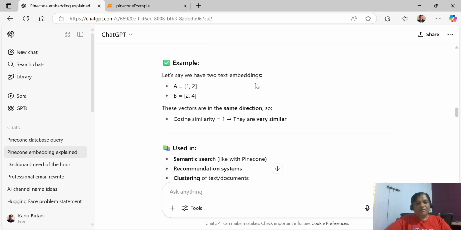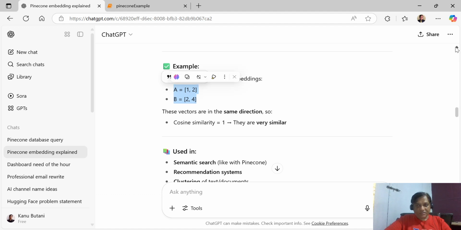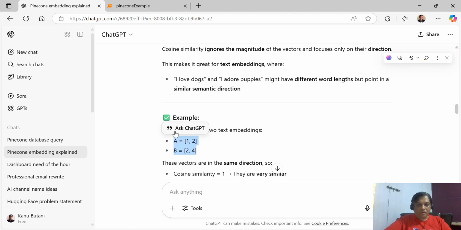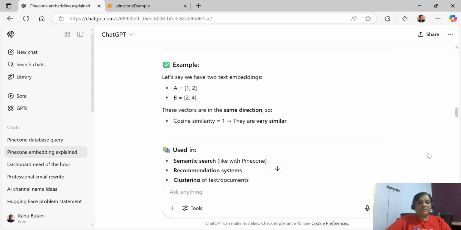In this example, say a equals (1, 2) and b equals (2, 4), so the vectors have the same direction. The cosine similarity of these two, where "I love dogs" is a and "I adore puppies" is b, is 1, so they are very similar.